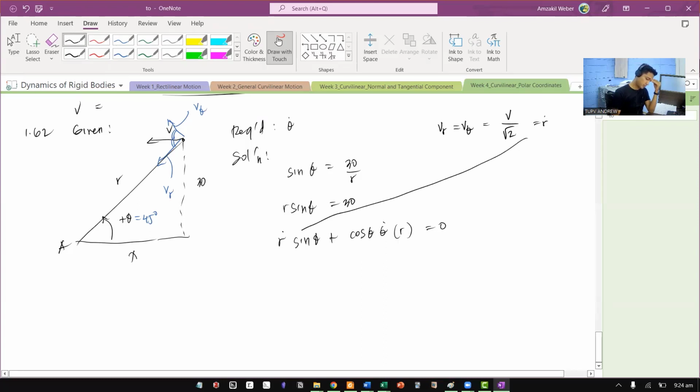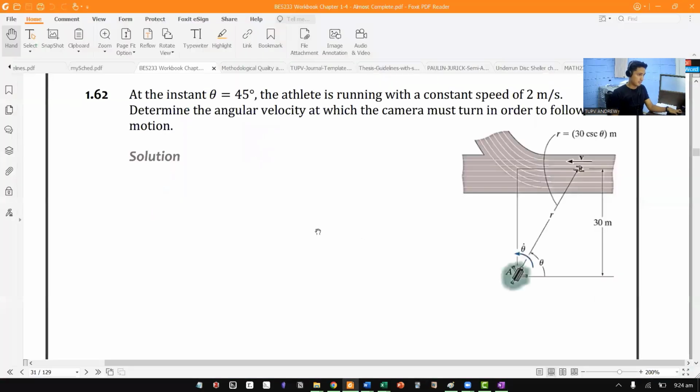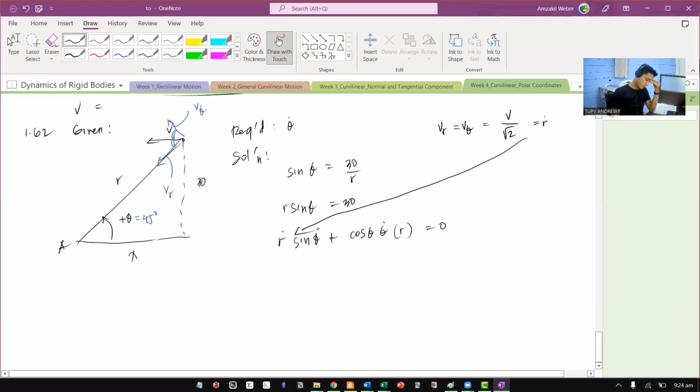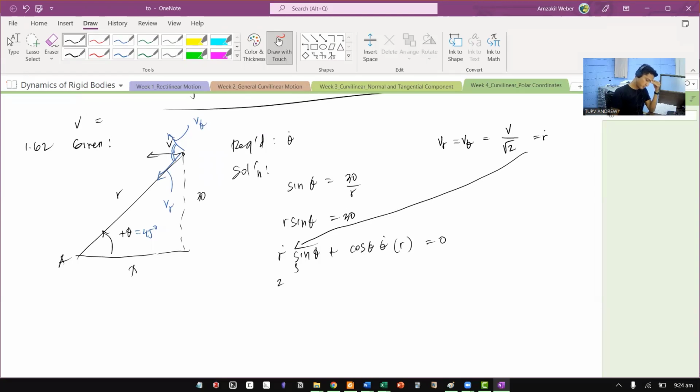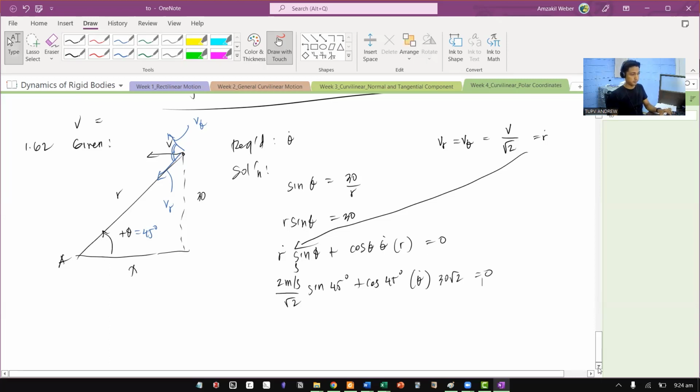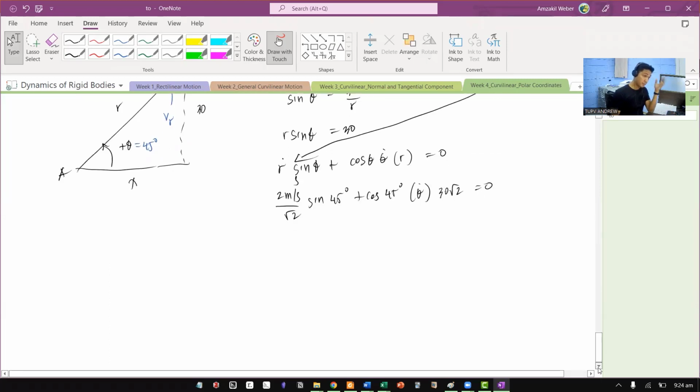So we can plug in V, which is 2 meters per second. This is 2 meters per second divided by square root of 2, times sine 45, which is square root of 2 over 2, plus cos 45 times theta dot, and r is 30 square root of 2, plus 0. Let's simplify.